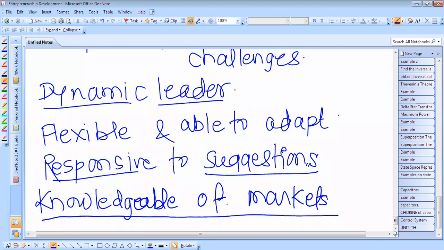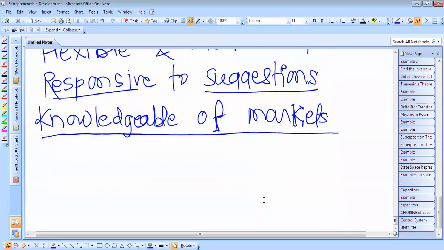He never creates anything that cannot be sold in the market. So entrepreneurs always have knowledge of the market: what the local market needs, what the need of the customers is. Then he prepares the product, manufactures it, and sells it in the markets. This is a very important characteristic of entrepreneurs: knowledge of the market. What is the demand in the market?